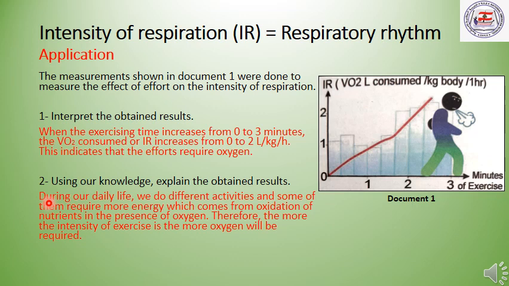The answer: during our daily life, we do different activities, and some of them require more energy, which comes from oxidation of nutrients in the presence of oxygen. Therefore, the more the intensity of exercise is, the more oxygen will be required.